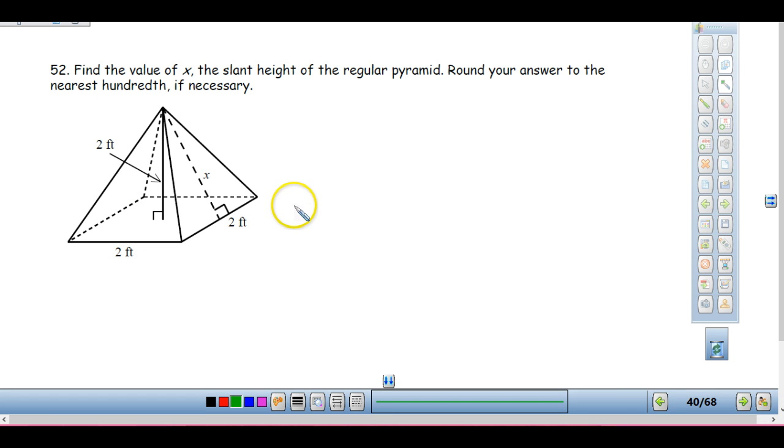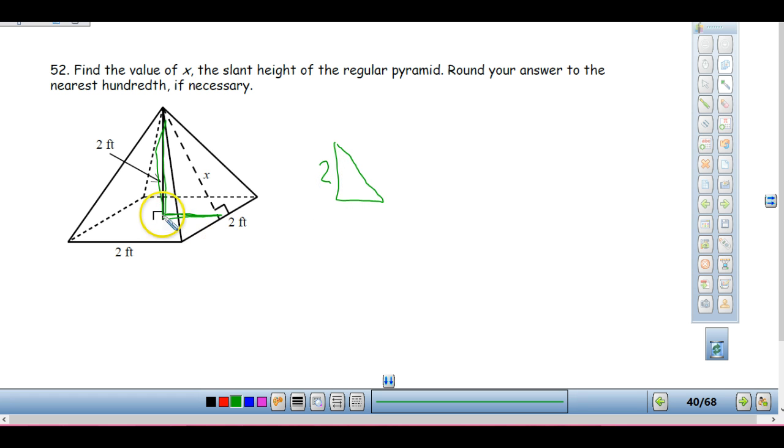Okay, number 52. Now we are still talking about, oh, they just want x. Okay, so they just want us to find slant height here. So this is where you have to draw your triangle. Okay, we know that height, if I were to take this out, my height would be 2.